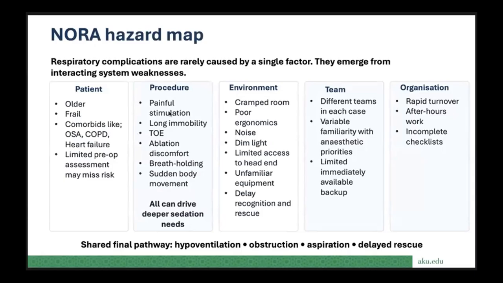The procedure may require immobility, transesophageal echo tolerance, pain control, or breath control. Then the environment adds restricted access, noise, dim lighting, unfamiliar staff, or delayed backup. When these are combined, even small airway problems such as snoring or hypoventilation can rapidly progress. So prevention must be system-based, not only patient-based.